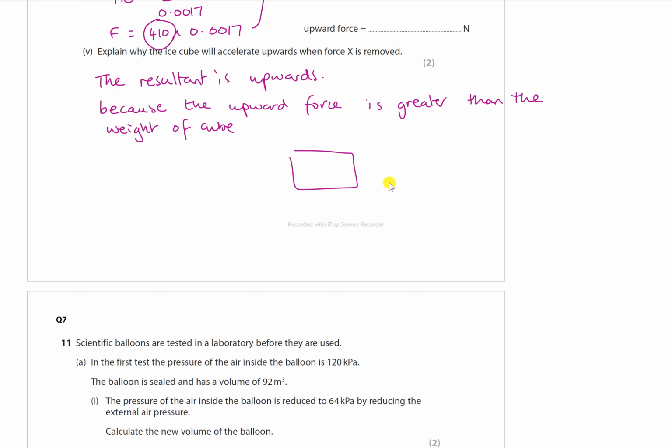So the weight of the cube and the upward force when it's still are equal. When you push it down with your finger, what happens is this sinks.